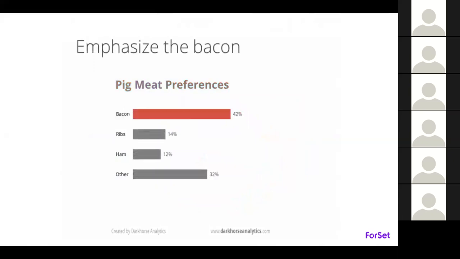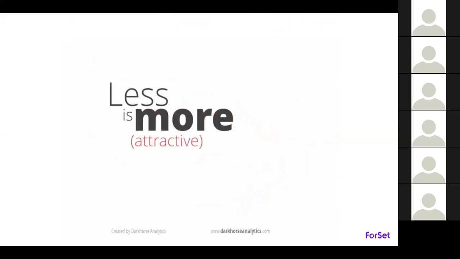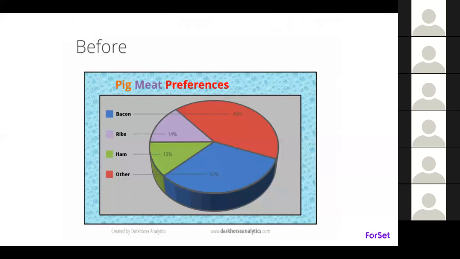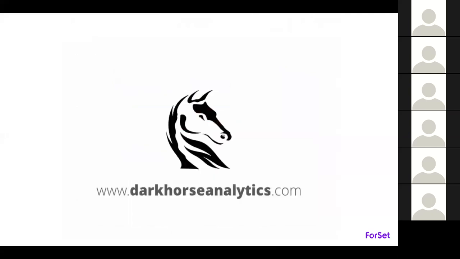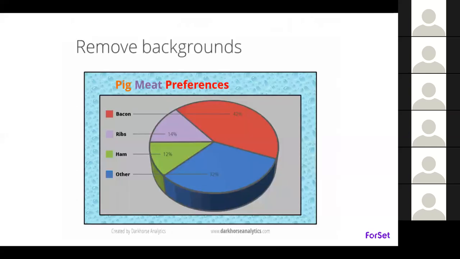I will be showing these types of GIFs throughout the presentation with the message that less is more. Whatever you do not need in your data visualization, whether it is a label, grid line, or extra color, you should remove it, because the less you give to your viewer, the more they are going to see.